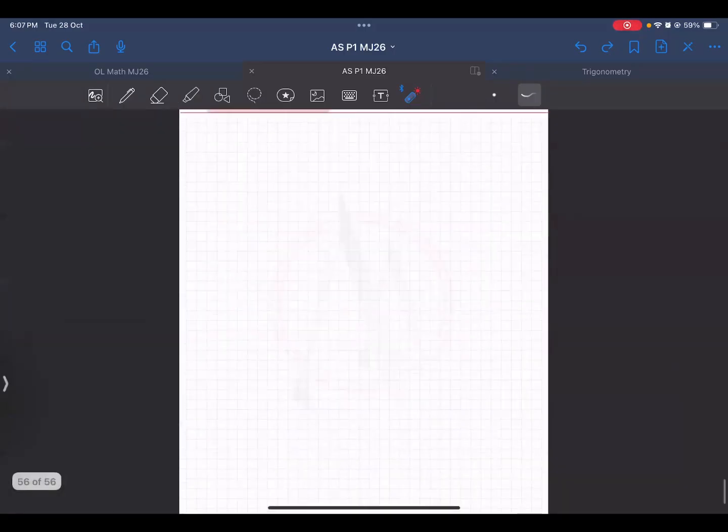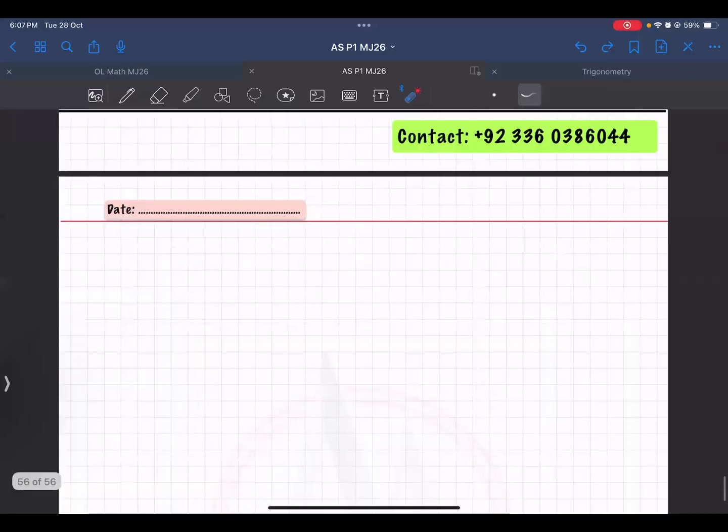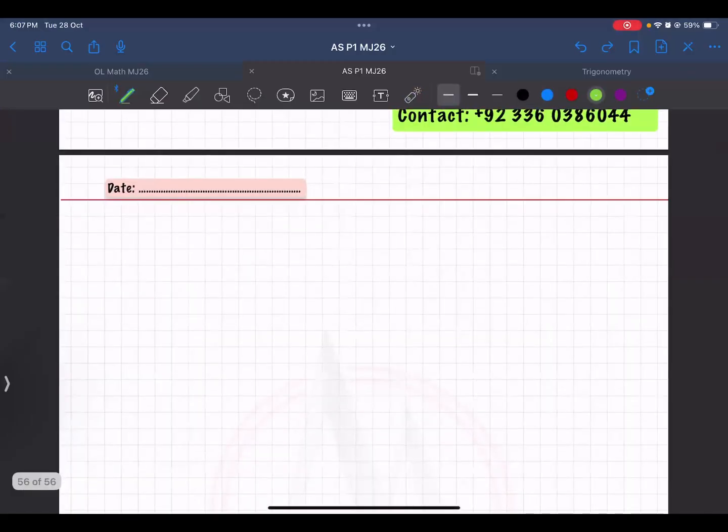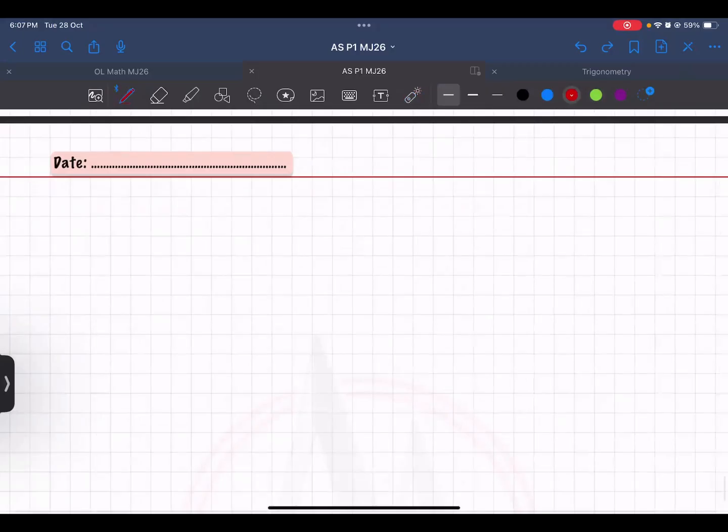Now we will do the transformation on these trigonometric graphs, and you will see how things change.